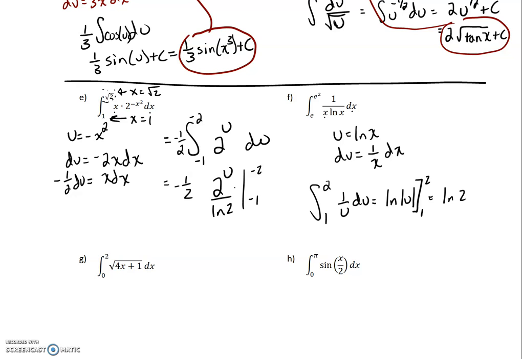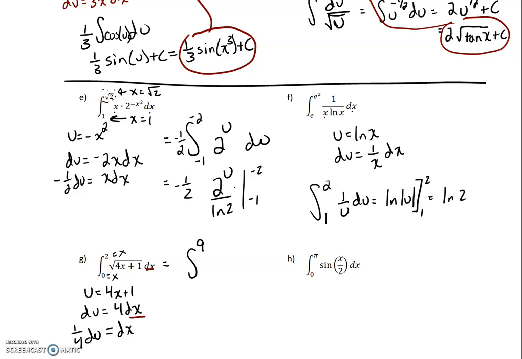The last two. Here I'm going to let my u equal the piece that is inside. It's going to be the 4x plus 1. Du is going to equal 4 dx. That dx is equal to 1/4 du. So when I rewrite this, remember these were in terms of x. I'm going to rewrite them in terms of u.